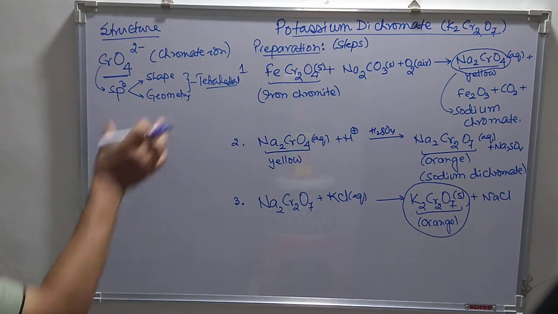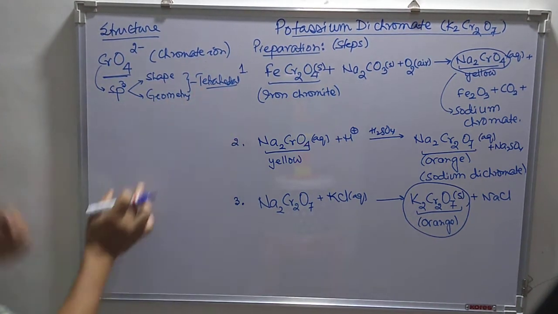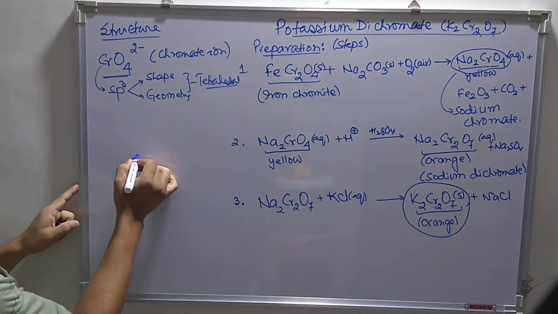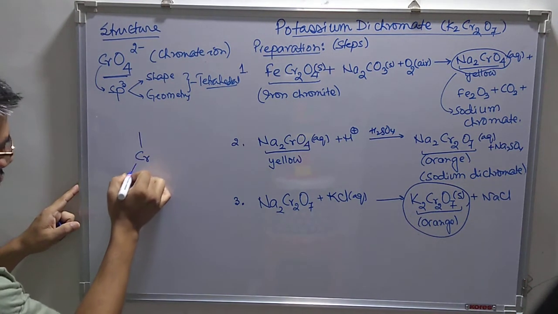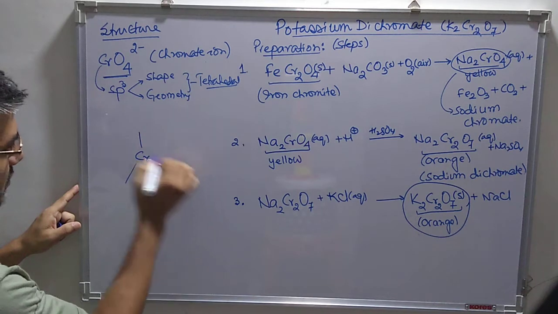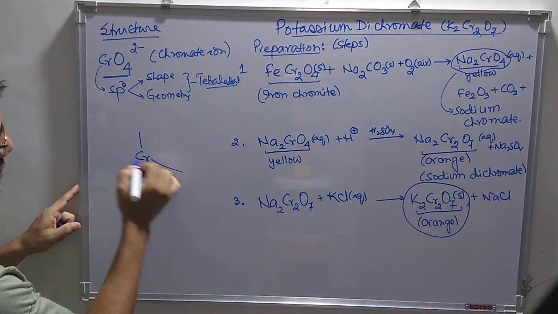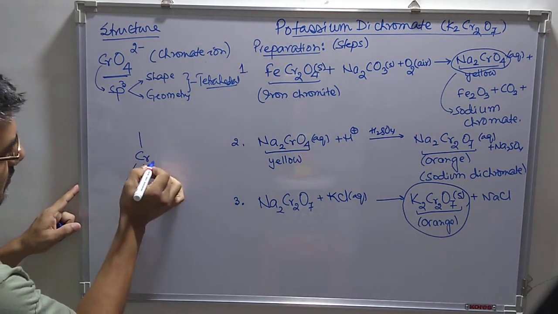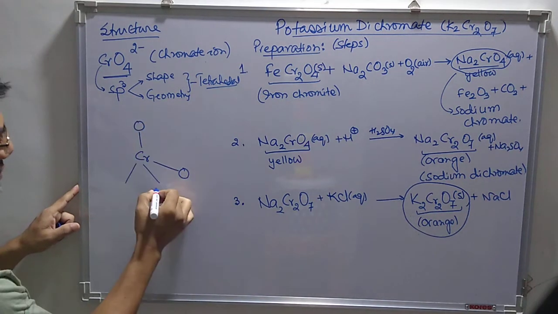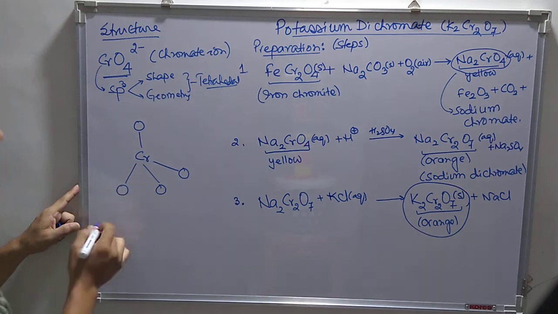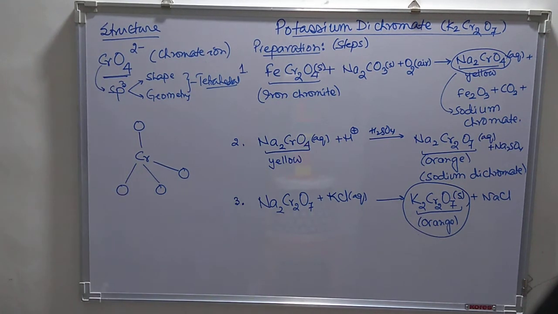If this is the hybridization, then if you look at the structure, we have this chromium. This is oxygen, this is oxygen, this is oxygen. We have 4 oxygens attached to this chromium.